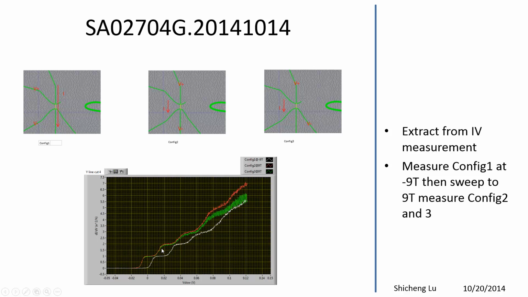So basically, the plateau positions are the same for all three configurations, and they look very similar. So I think the current path would affect the conductance plateaus we see here.